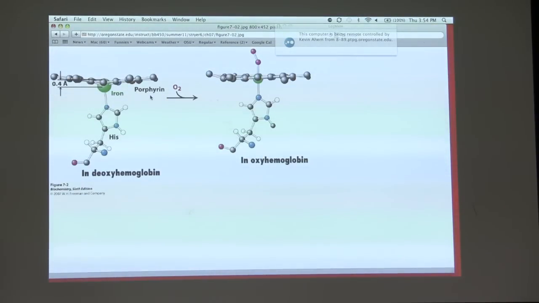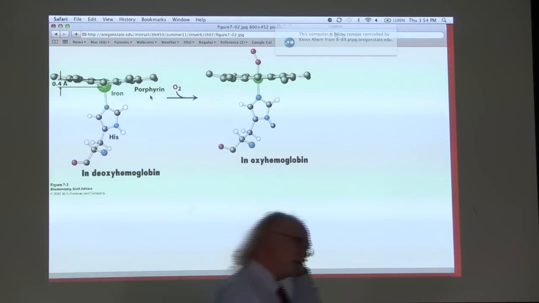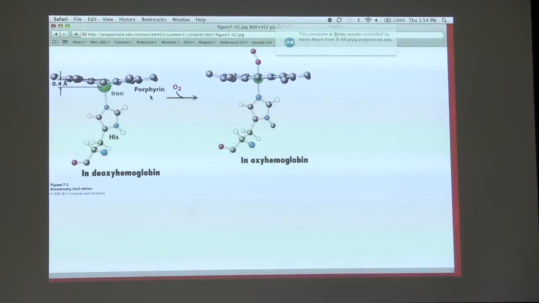Oxygen binds, and what you've seen is that that iron atom moves about 0.4 angstroms. Well, that isn't independent of everything else. In fact, that iron atom is attached to a histidine in the protein. Yes, another histidine. And you'll see there's a lot of histidines to think about in hemoglobin and myoglobin both. So the iron atom is attached to the histidine. If I pull up the iron, I'm going to pull up the histidine.